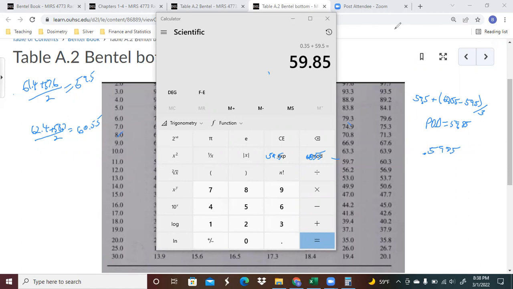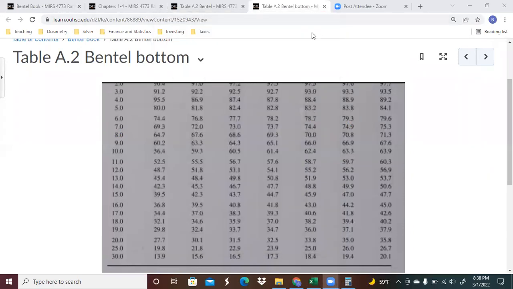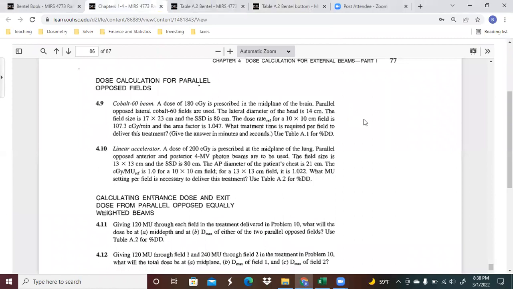Let's clear all the drawings here and go back to the original problem. This ended up being 100 divided by 1.0, and I should put units on here because if I don't, I'd be a very bad teacher.